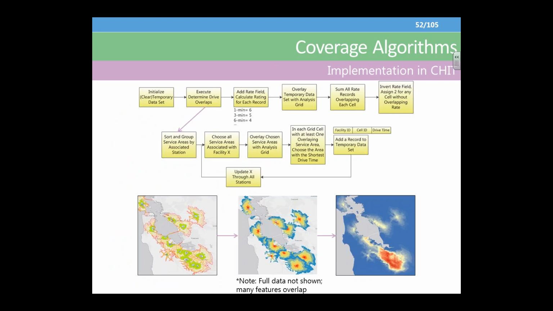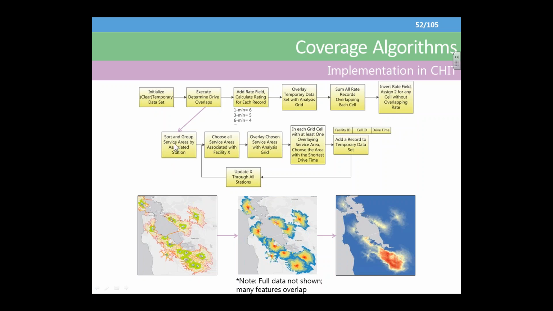So in terms of the algorithm in CHIT, that does require iteration through all the drive times for all 51 stations. The way our tool achieves this is it initializes a temporary data set, and then it sorts and groups all the service areas from one station.